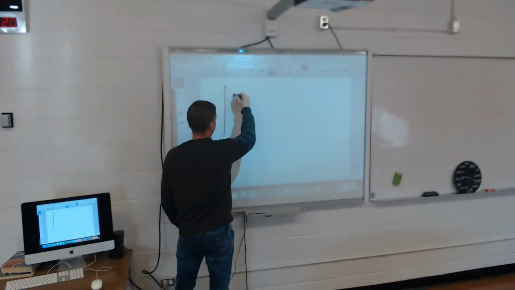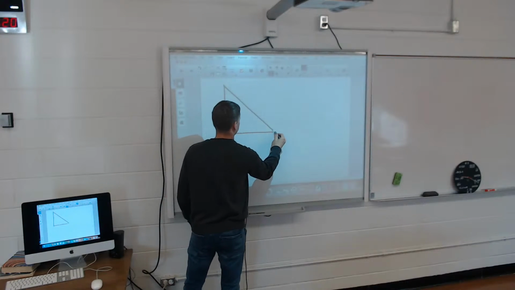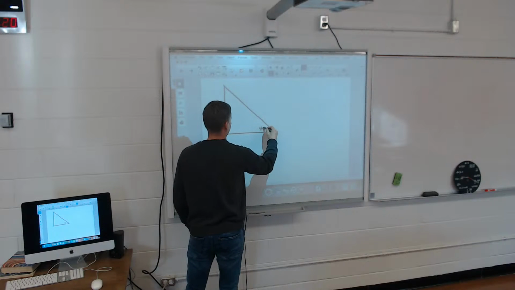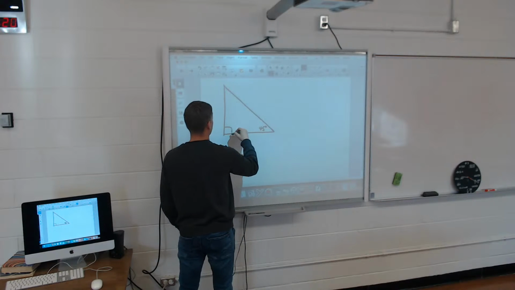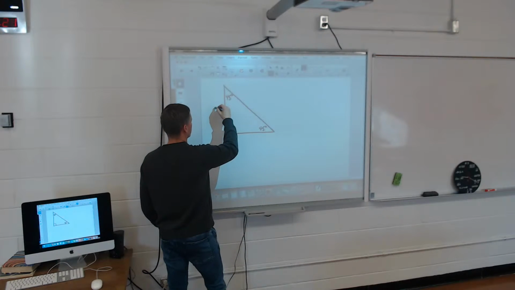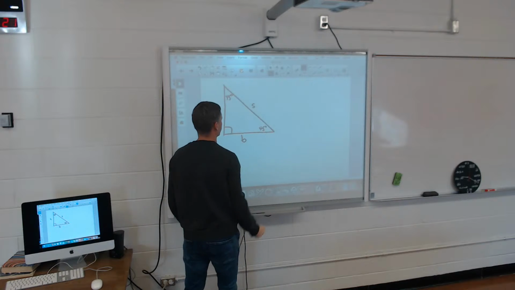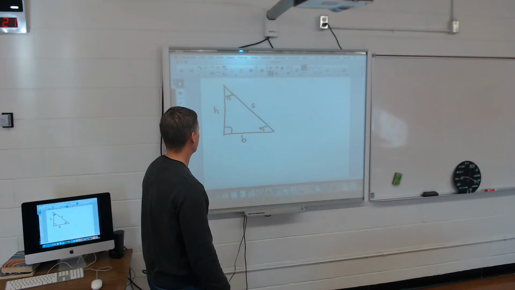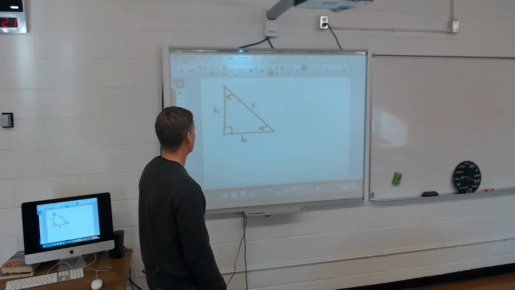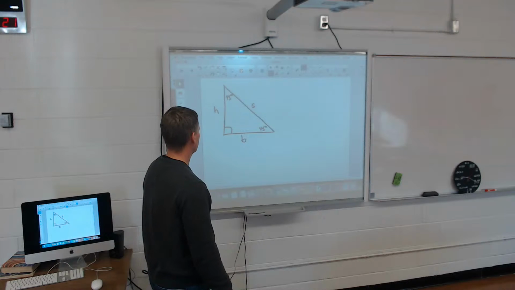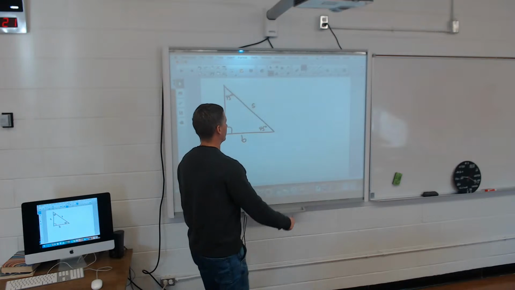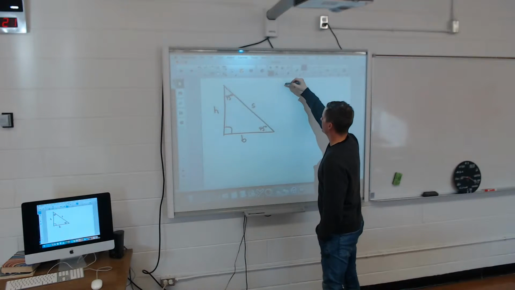Draw it out again. 45 degrees. 45 degrees. Okay. So this is my height, this is my base, this is S. All right. I think this is what we wanted to do.